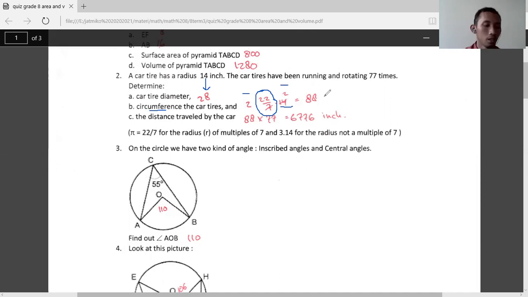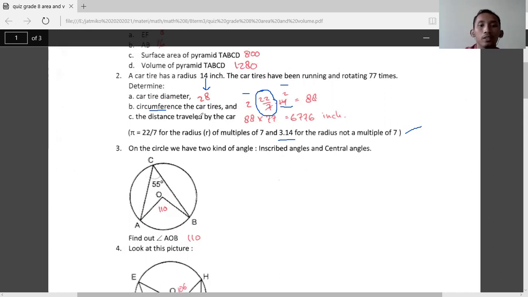From your work, I still marked it as incorrect if you answered like 87 point something because you used 3.14. I don't know why, I already mentioned it here, but most of you still did.